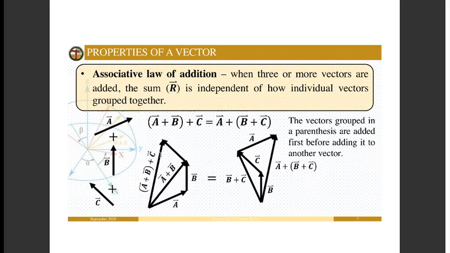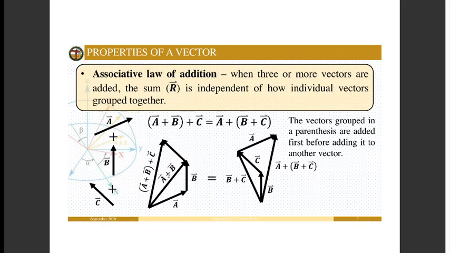Now, this resultant is actually equal to the resultant here. So, it doesn't matter how you group your vectors together. The resultant is still the same.